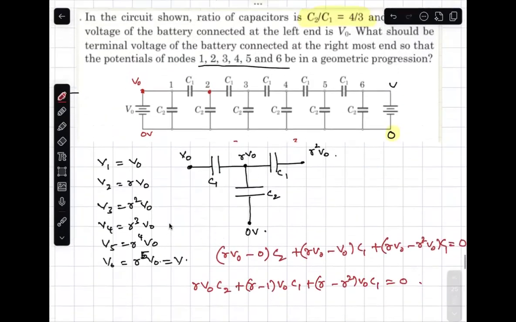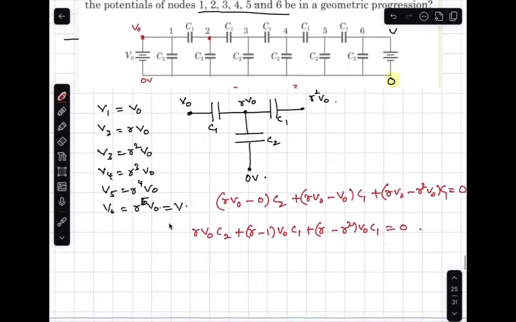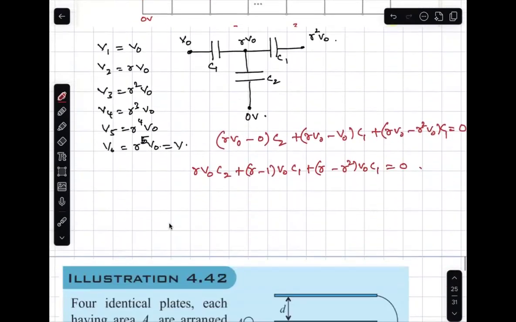Here I can do two things. I need to put C2 by C1 as 4 by 3, and I can eliminate V naught everywhere. Now what I am going to get is R C2 by C1 plus R minus 1 plus R minus R square is equal to 0.